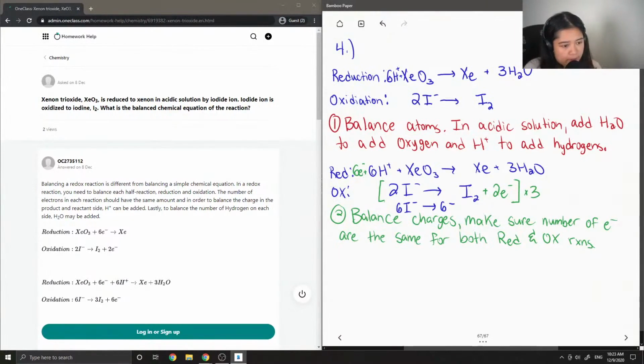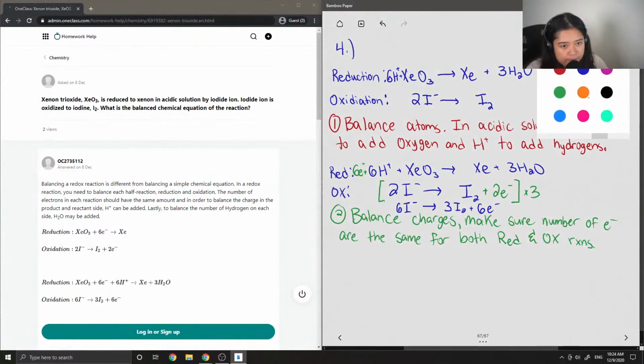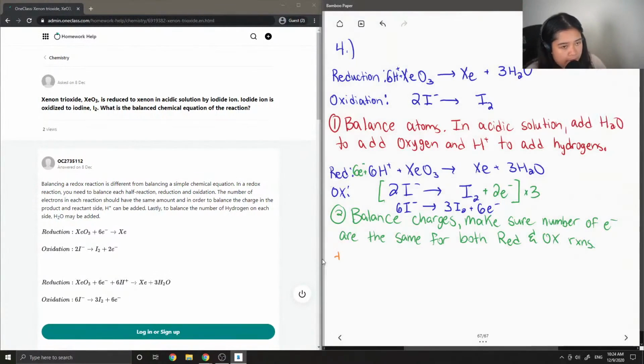Oh, sorry, it is going to be 3 iodines plus 6 electrons. Okay, so now the electrons are the same for both the reduction and oxidation reactions, and also all the charges are balanced as well.